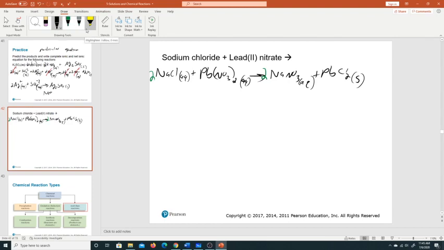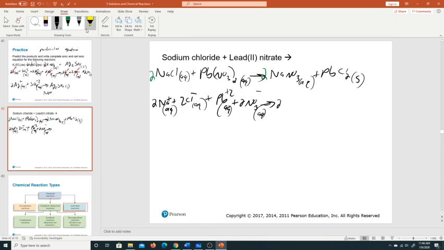Split up the ions. 2 sodiums, 2 Na plus, 2 Cl minus, all aqueous, plus Pb positive 2 aqueous plus 2 NO3 minus aqueous, arrow, 2 Na plus aqueous plus 2 NO3 minus aqueous plus PbCl2 solid.